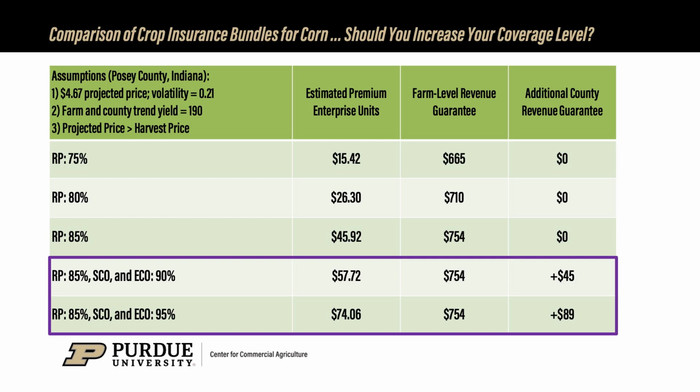Rather, you get an additional county revenue guarantee, and if your farm and county yields are not that correlated, you're not protecting your farm level yields. And so again, we have that caveat that we're mixing farm level yields with county yields.